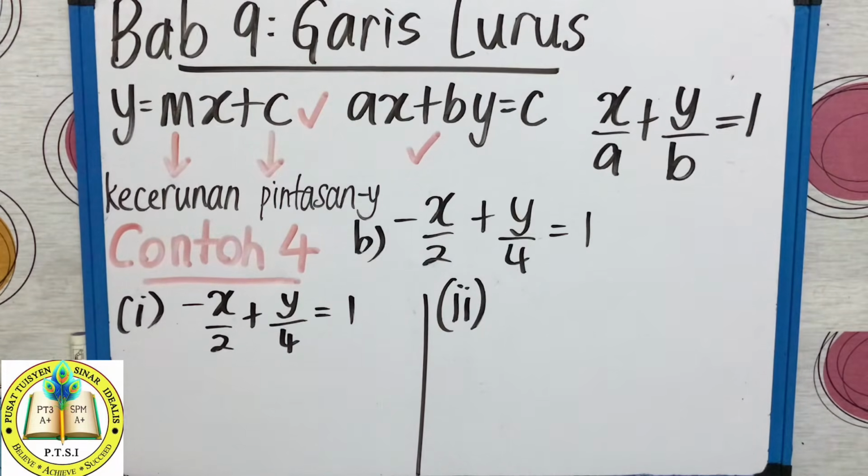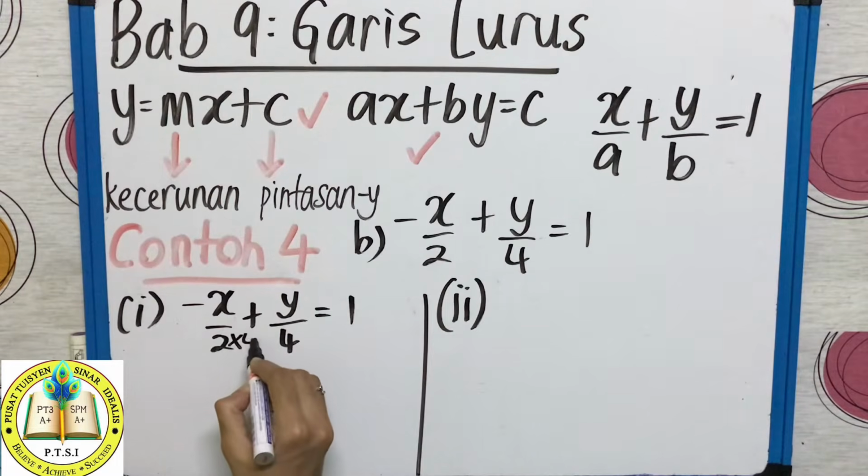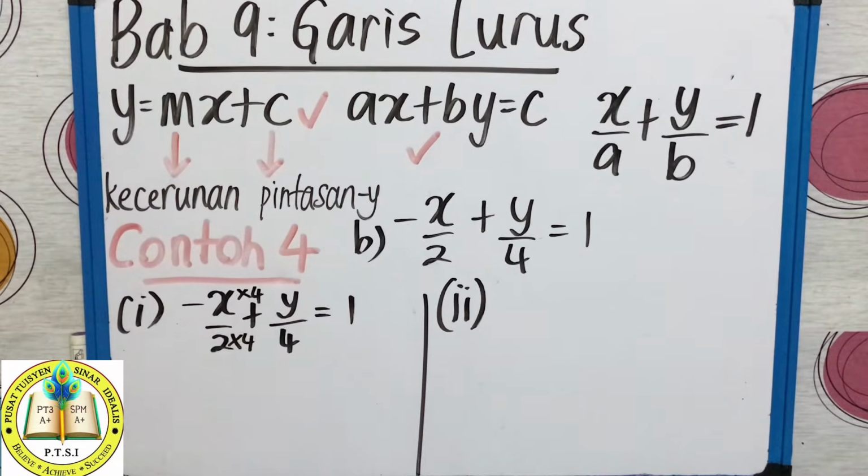Got pecahan, right? So remove the pecahan. Okay? Keluarkan pecahan. How to remove the pecahan? Okay, 2, 4. Kamu samakan pembawa ataupun kita kata penyebut. The denominator make it same. So here got 4 times 4 times 4.